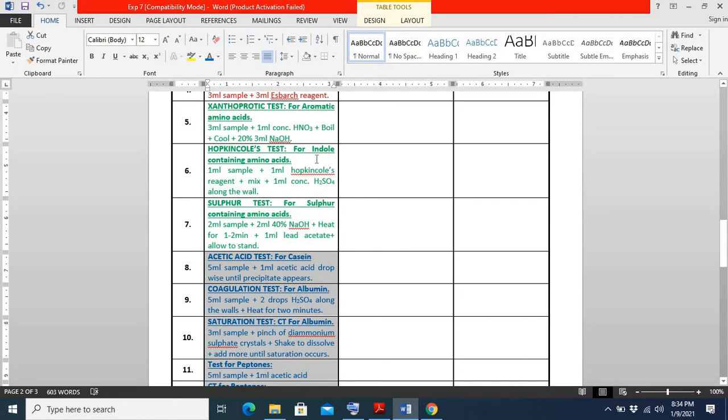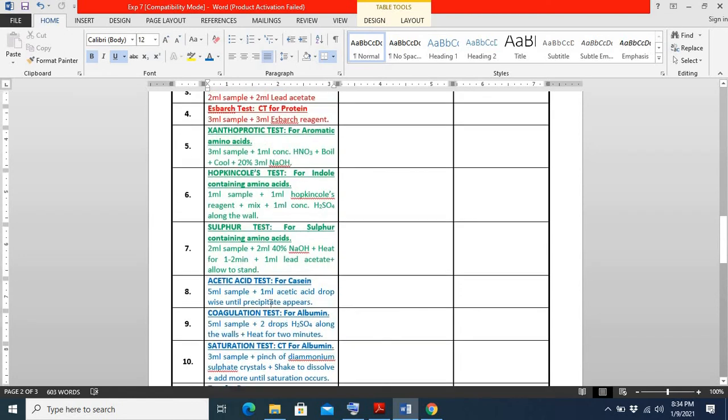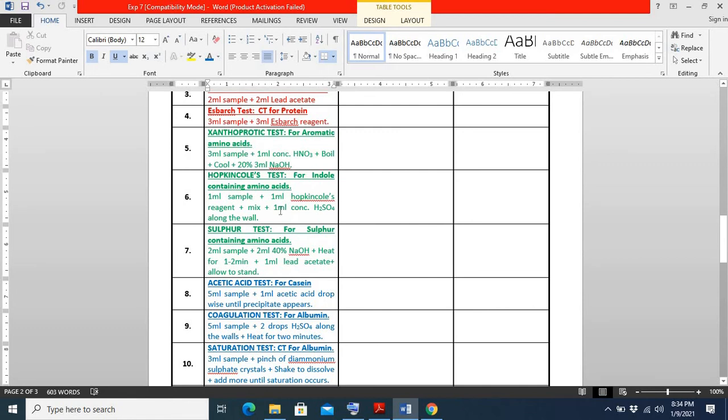Each of these proteins, either casein, albumin, or peptone, has a high percentage of one class of amino acid.